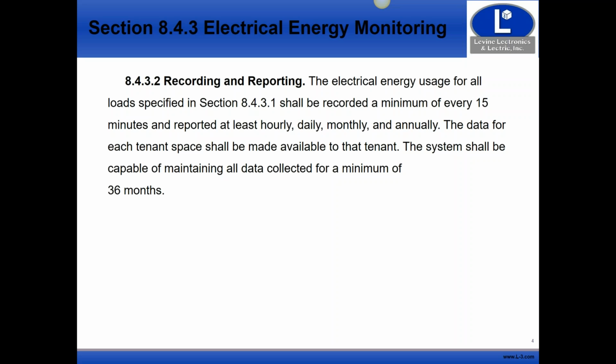It doesn't change anything with the way the building operates. Specifically talking about the energy monitoring portion, it doesn't change how they're going to control their lighting. It doesn't change the watts per square foot. It's something that you have to put in there to be able to collect the data.